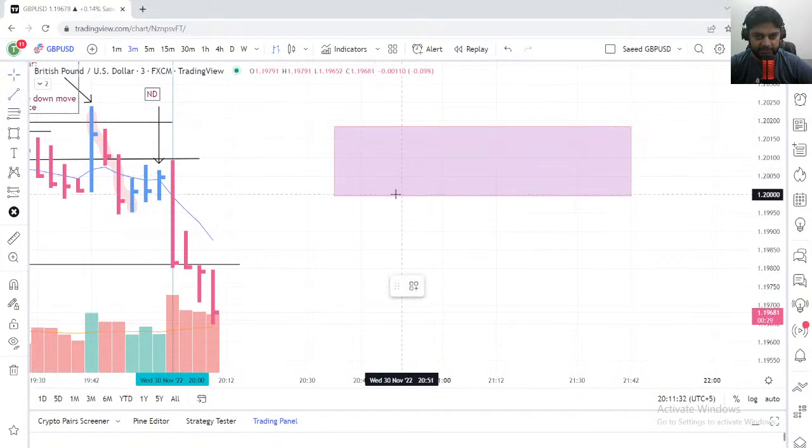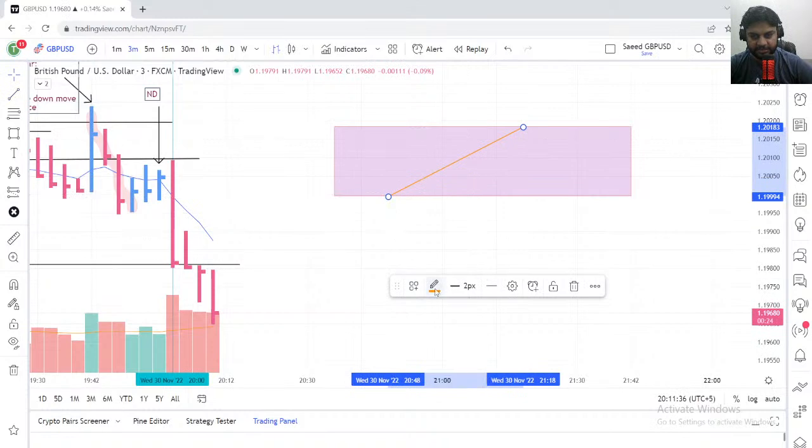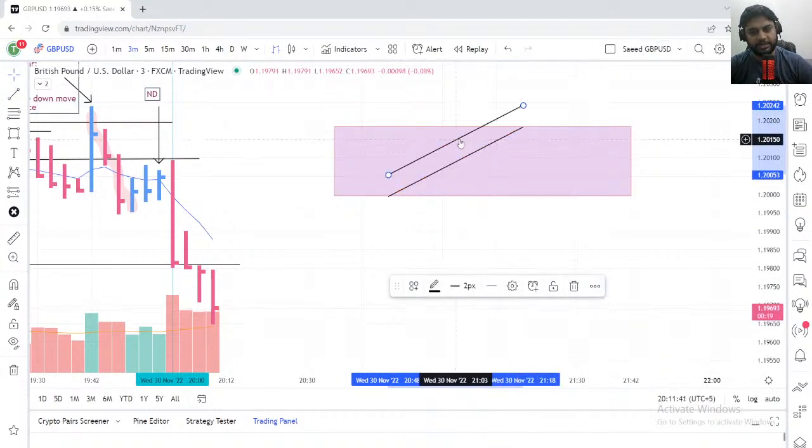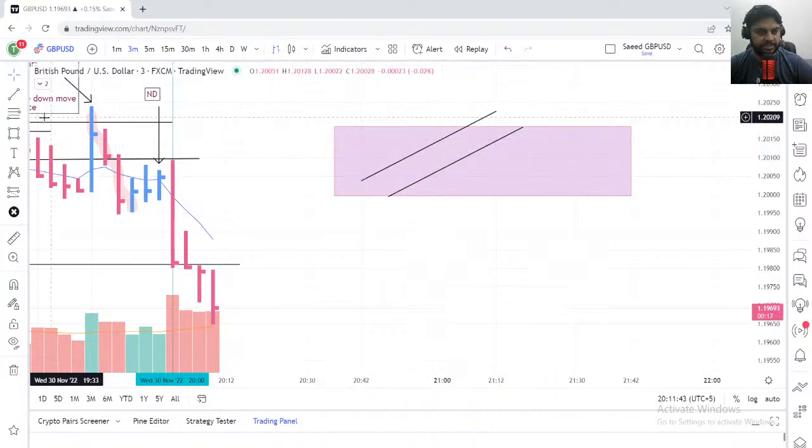For example, inside this trading range you have this trend channel, and the market is moving in this trend channel.